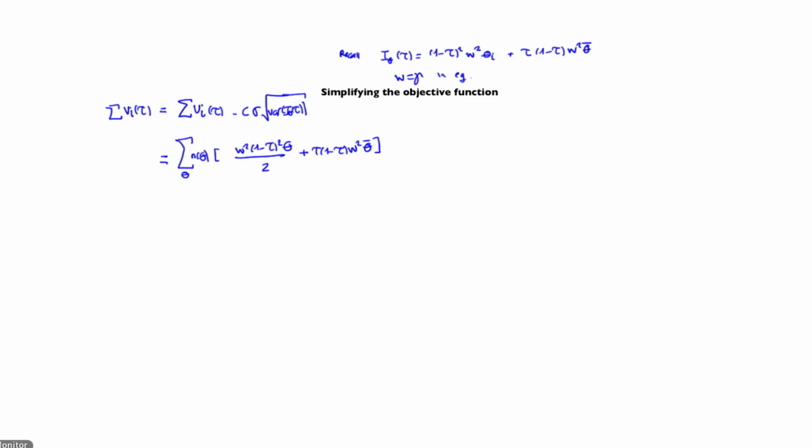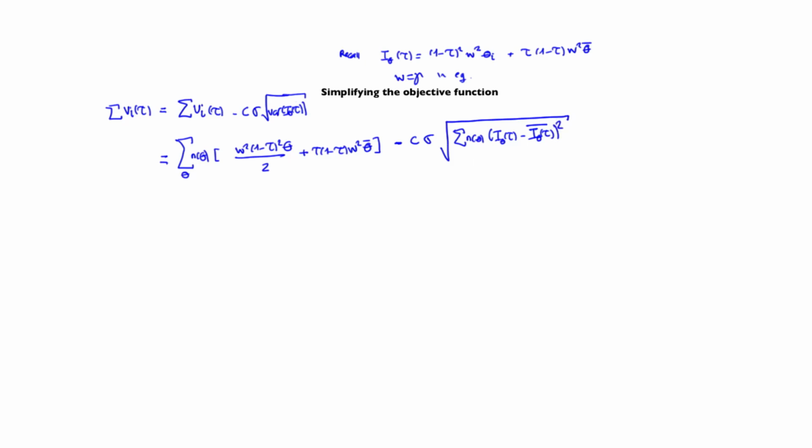And then we're going to do some algebra there. We're going to say this is equal to minus c sigma, the square root of the following. Let's substitute what the variance of I theta is. That is basically the sum over n theta of I theta of tau minus the mean, all of this squared.